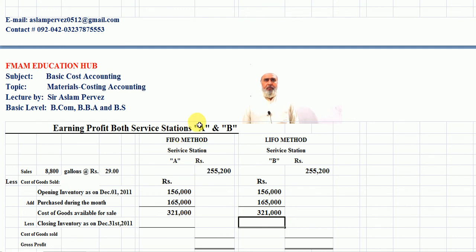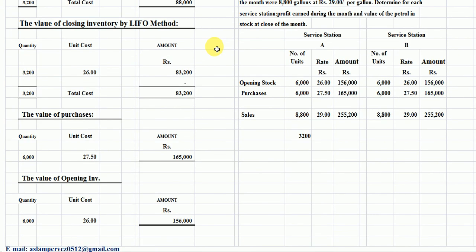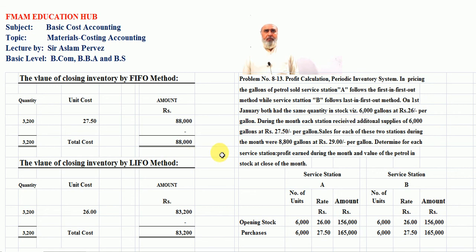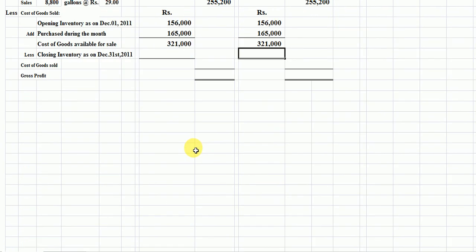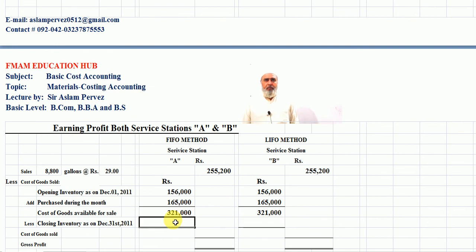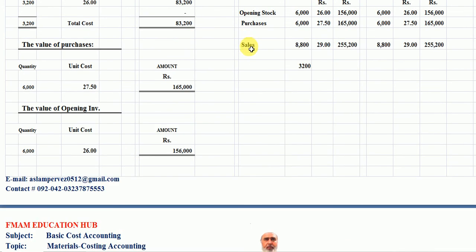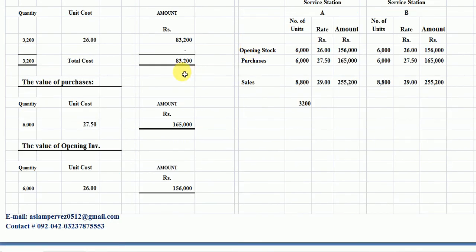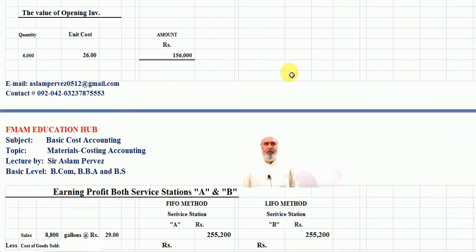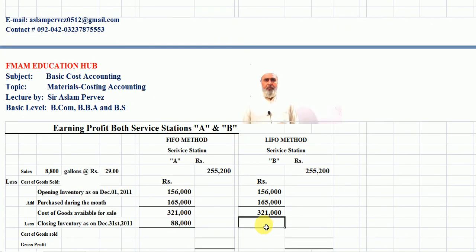By the FIFO method, the closing inventory amount is 88,000 rupees. We have to put here 88,000 rupees. In the LIFO method, the amount of the closing stock is 83,200 rupees here.